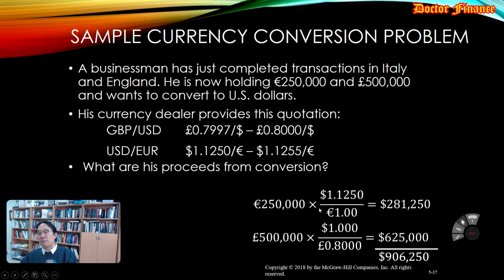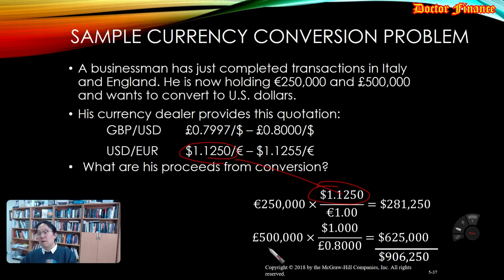Euros, well, you want to convert them into dollars, and the dealer has to buy euros from you, buy low. That's this one, 1.1250 per euro. Multiply it, and that's 281,250 US dollars.